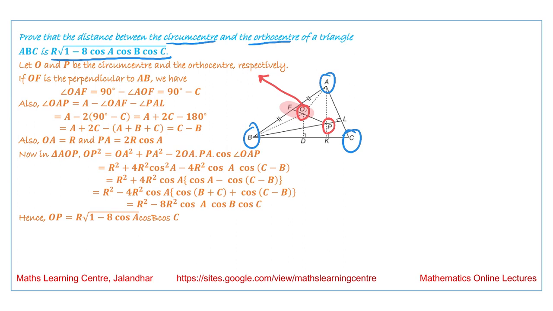So what we obtain from this is that angle OAF is equal to 90 minus angle AOF, so this is 90 minus C.